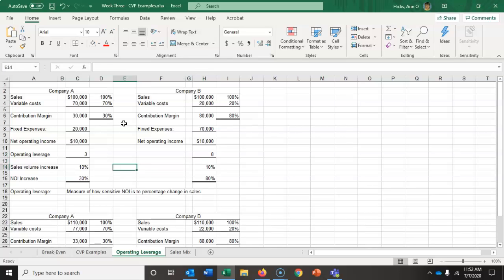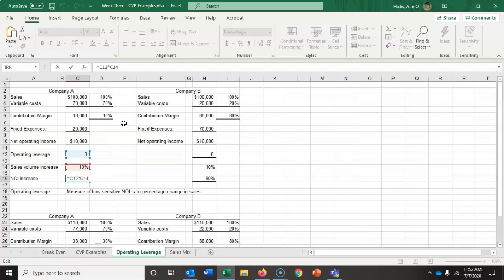Well, let's say that both companies are forecasting an increase in sales volume of 10%. The operating leverage multiplied by the anticipated increase in sales volume will tell you the percentage increase in NOI.